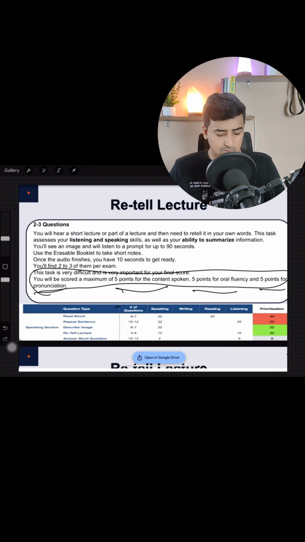You will see an image and listen to a prompt of up to 90 seconds. जो ऑडियो आप सुनेंगे that is of about 90 seconds which is a lot to grasp. However, आपको एक अरेजेबल बुकलेट जो दी जाती है उसमें आप कीवर्ड्स को उस ऑडियो के नोट डाउन करेंगे.